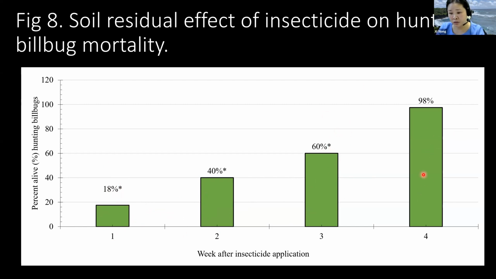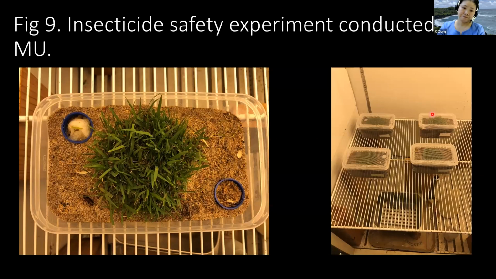By the time they reached 4 weeks after the insecticide was applied, there's really not much effect. Basically all of the billbugs survive, with no difference compared to the control group, which has a 100% survival rate. So unfortunately, the soil residual effect of the insecticide we use to control adult billbugs does not last more than 3 weeks.